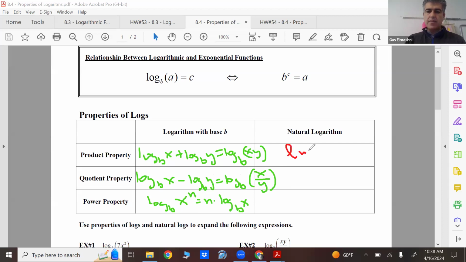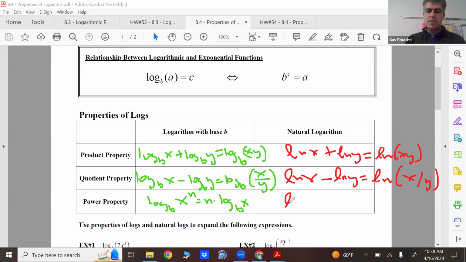So for natural log, you do the same thing. Does that make sense? So this should all be reviewed from last year.